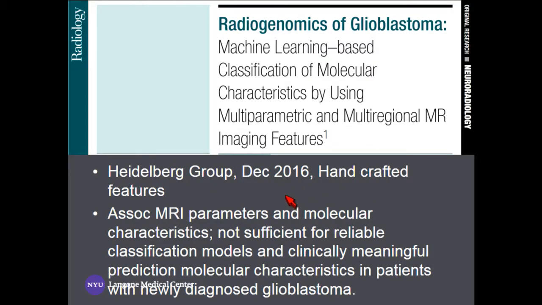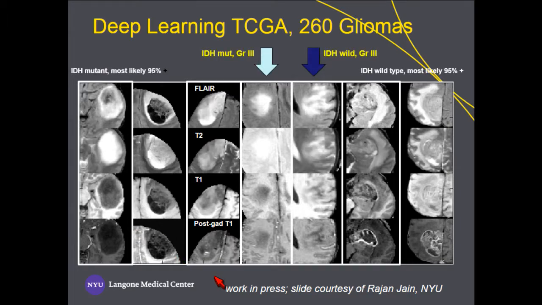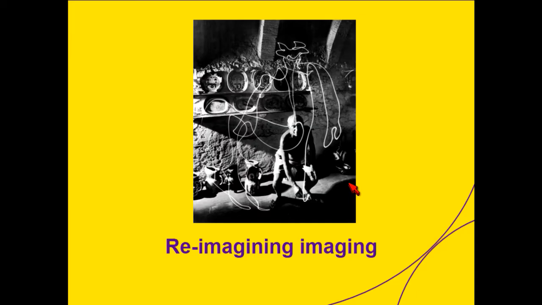This was a paper in Radiology from the Heidelberg group that showed that they used handcrafted machine learning, and they didn't think that their classification model could predict the molecular characteristics. But there's new work using deep learning now, which I think shows a lot of promise in trying to differentiate between, let's say, IDH mutated tumors from IDH wild-type tumors.